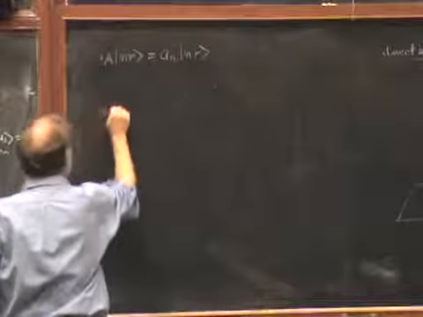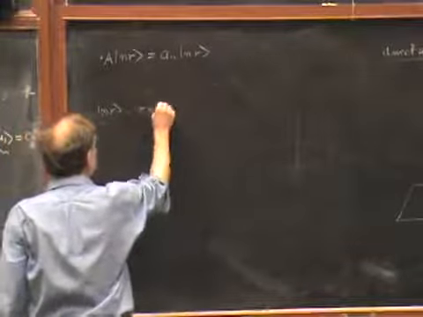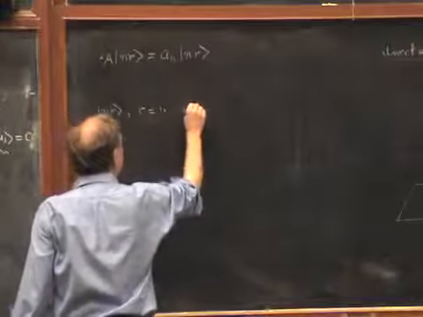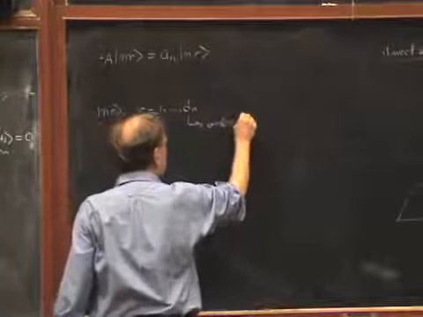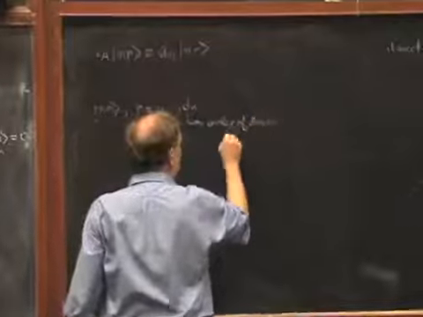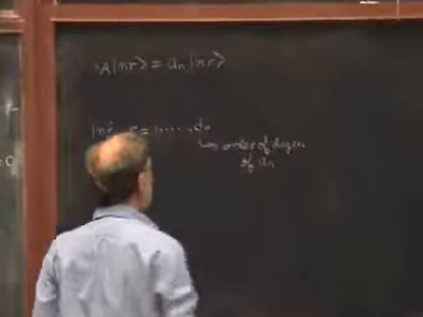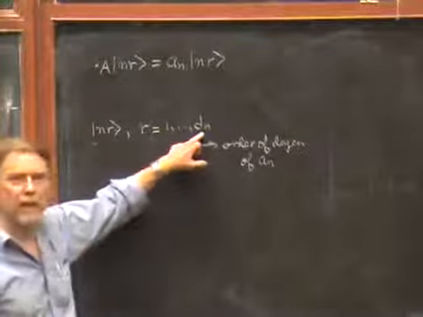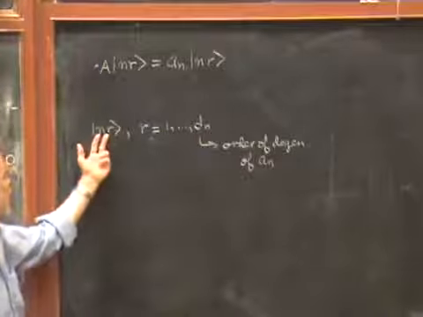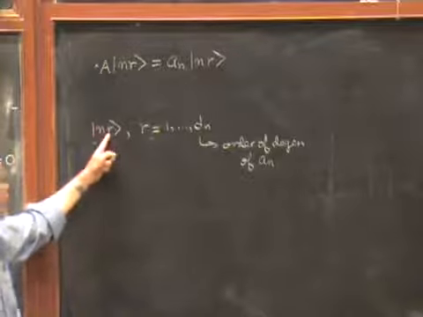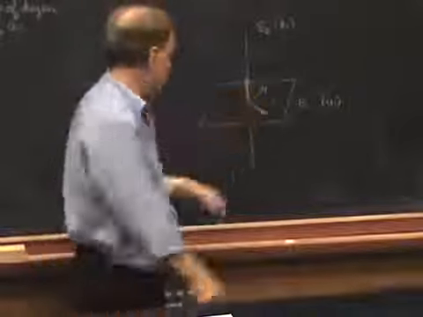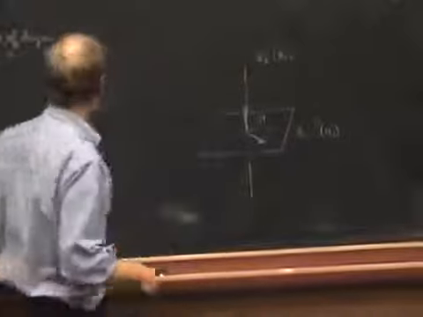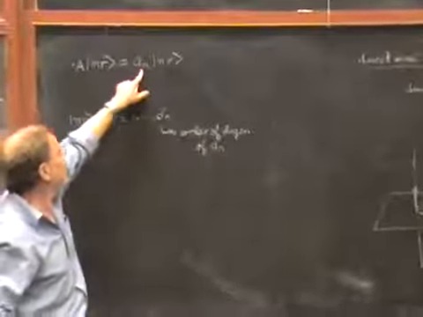That is to say, in the notation nr, we let r run from 1 up to what I'll call d_n, and d_n is defined as the order of the degeneracy of the eigenvalue a_n. In other words, it's the dimension of the corresponding eigenspace. And so the idea is that in these kets nr, the n indicates the eigenspace, and the r is a label of an orthonormal basis chosen inside that space. And as I mentioned, there's a great deal of arbitrariness in how you choose that basis. In any case, let's use this notation for the eigenkets. Notice the eigenvalue doesn't depend on r, it only depends on n.